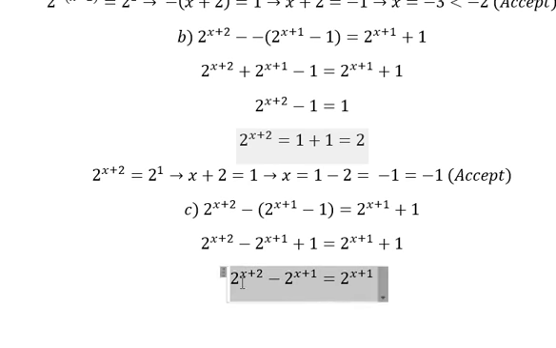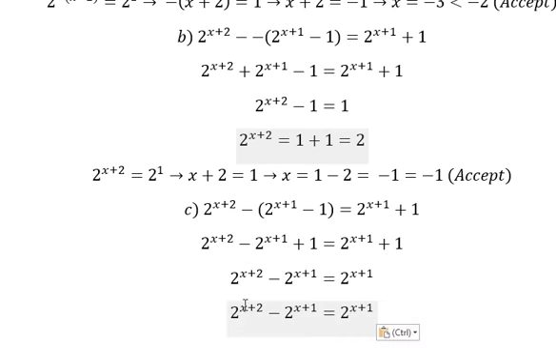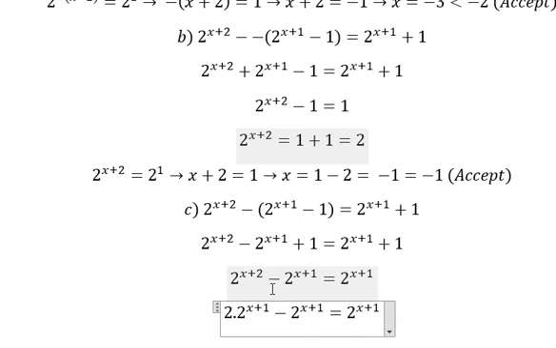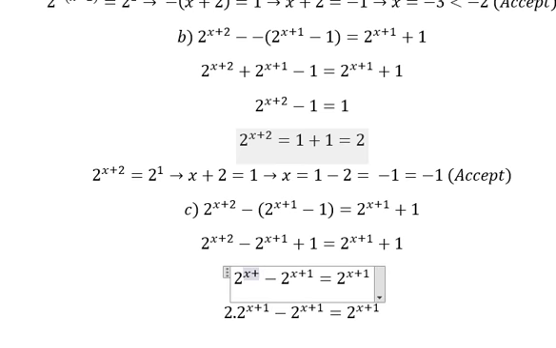Next, 2 to the power of x plus 2 we can write into 2 multiplied with 2 to the power of x plus 1. Because number 2 in here, we can put into 1 plus 1, so that we can separate them into 2 to the power of x plus 1 and 2 to the power of number 1.